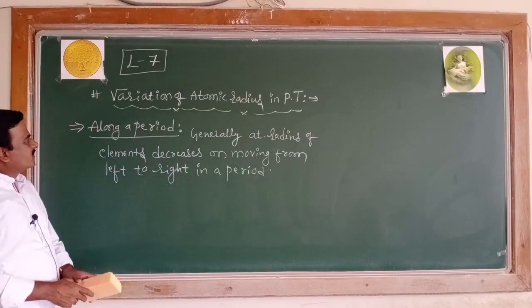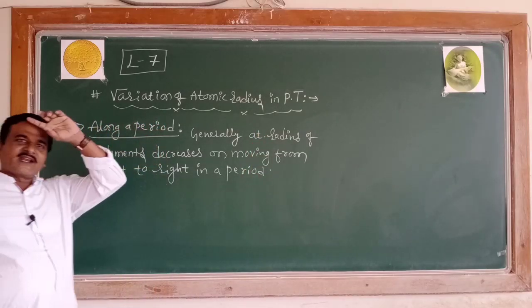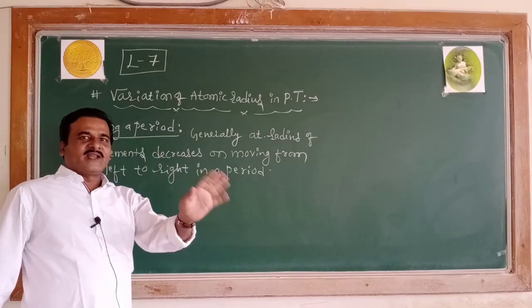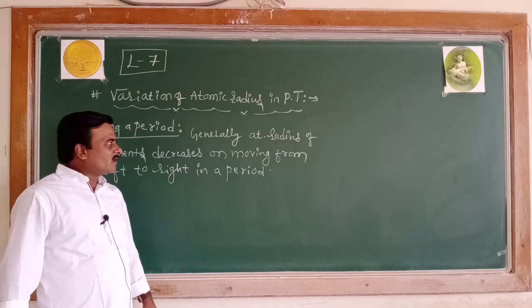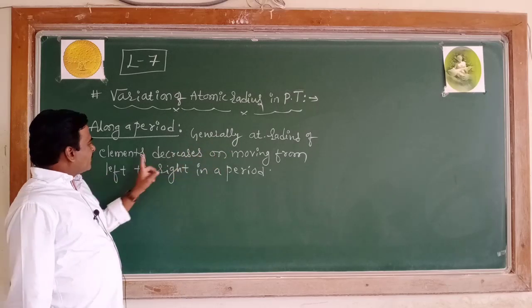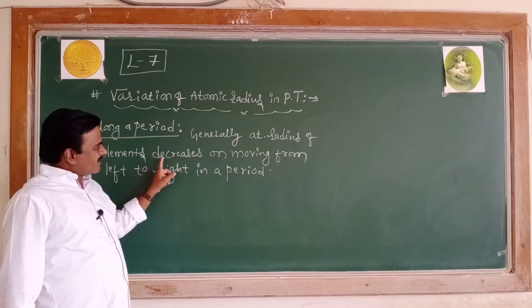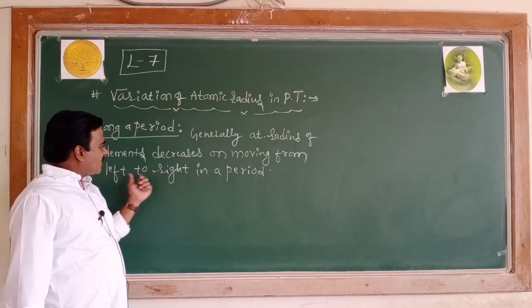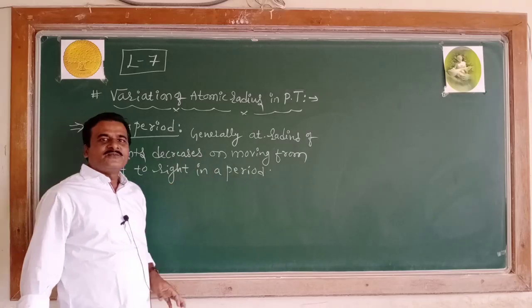Let's repeat. How does this atomic radius vary along a period of the periodic table? Generally, the atomic radius of any element decreases on moving from left to right in a period.